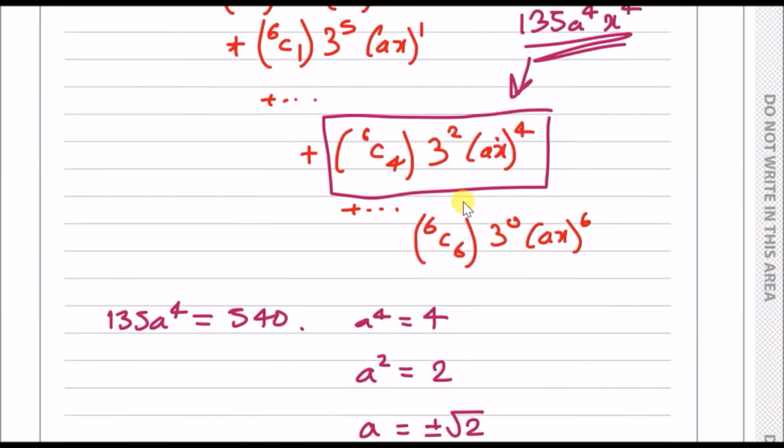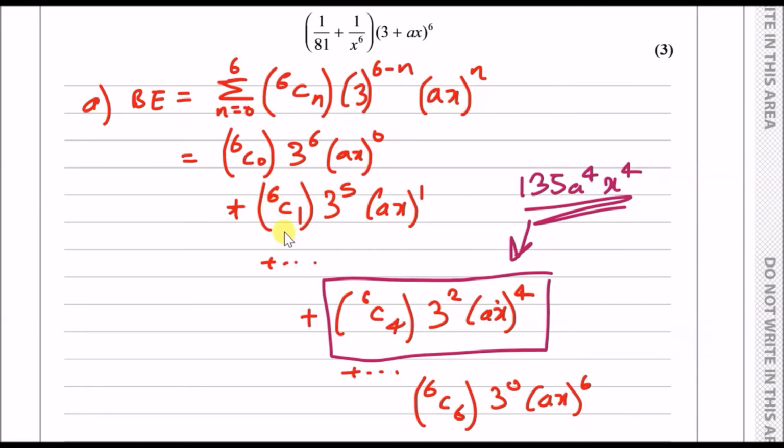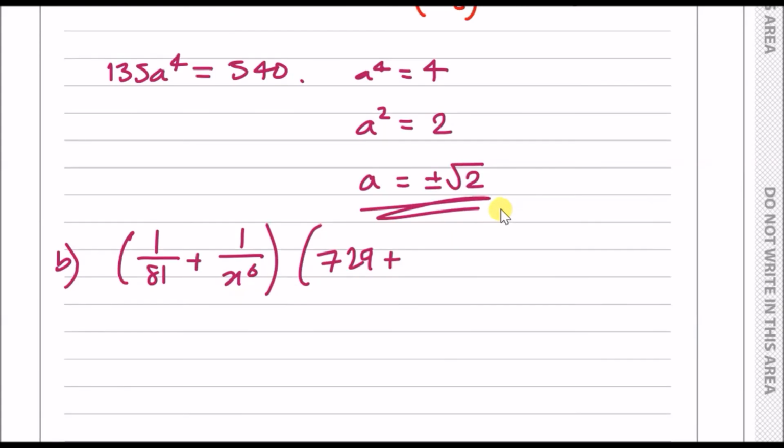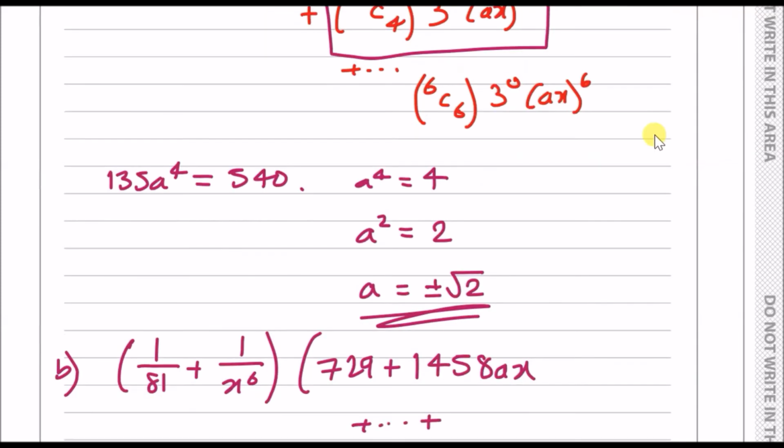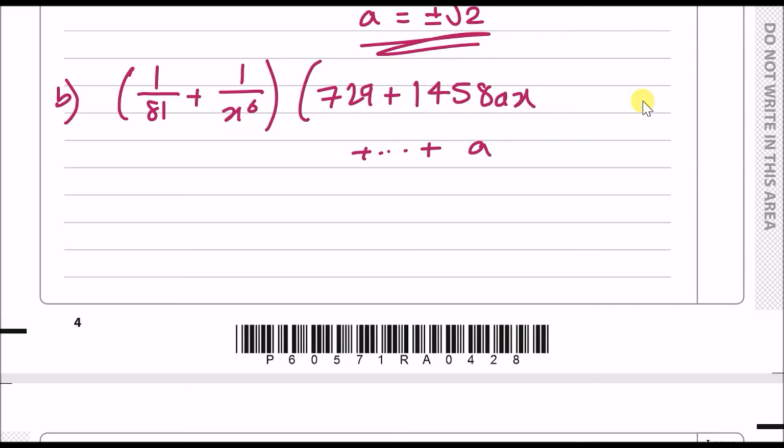The second term in the series, 6 choose 1, 3 to the 5, and ax, gives us 1458 ax. If we keep on doing this, we eventually get to the final term, 6 choose 6, which is 1 times 1, so 1, times ax to the power 6, which is just a to the 6 x to the 6.